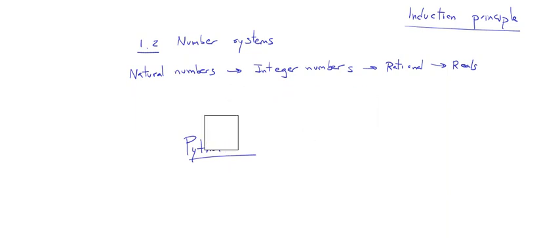Once we have proven that the square root of 2 is not rational, we see that the rationals have holes. The holes in the rationals are what we call the irrational numbers.